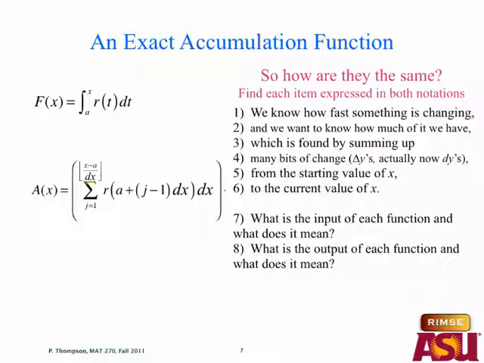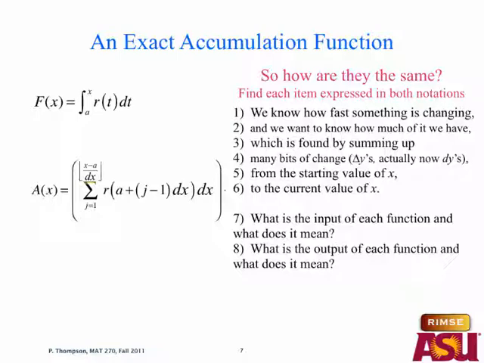So you're going to go through each one of these 8 questions, and in the first 6, you're going to find each, so like for number 1, we know how fast something is changing. How do you see that in the integral function version? And how do you see that in the summation version of the function? And then number 2, we want to know how much of it we have. How does that show up in the integral definition of the function?